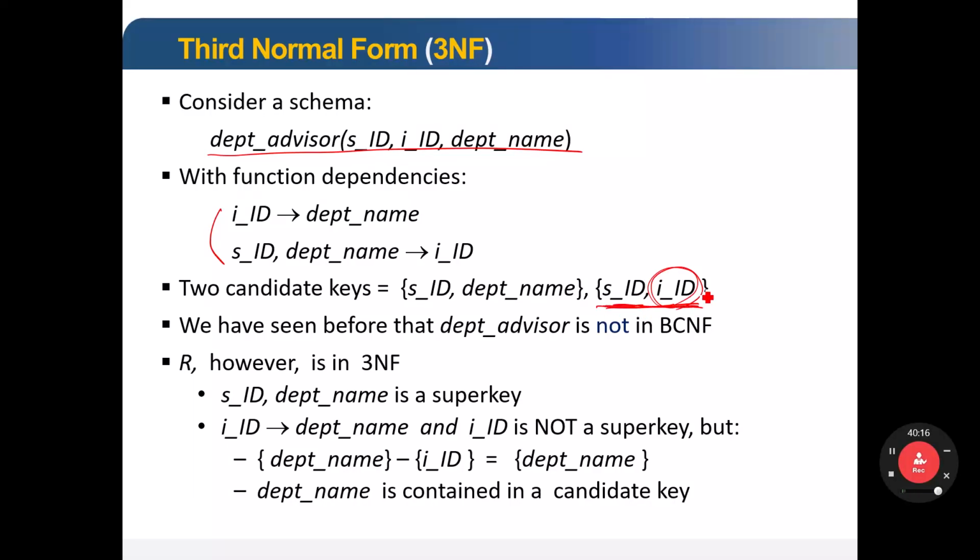And if we know SID and department name, we know instructor ID. So this is a candidate key. That makes all attributes of this table prime attributes. Every attribute in this schema is a prime attribute. Then any attribute can appear on the right side of the functional dependency.